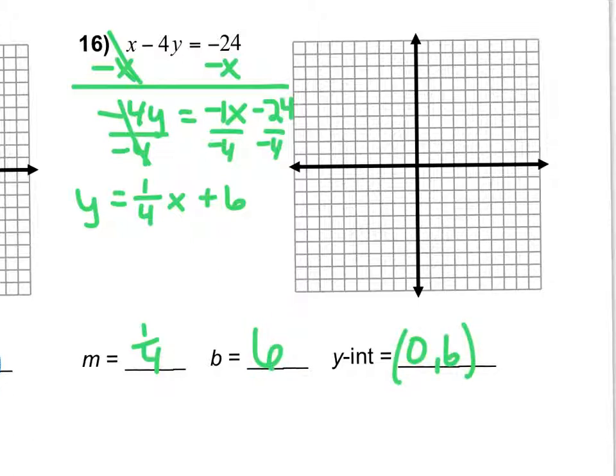So then I have to start 1, 2, 3, 4, 5, 6. So there's my point. So I do up 1 over 4. Up 1 over 4. And it should look something like that.